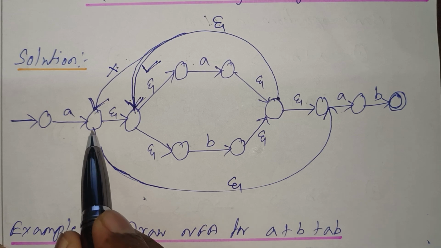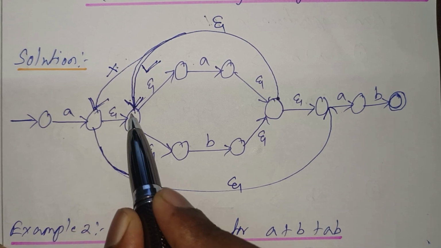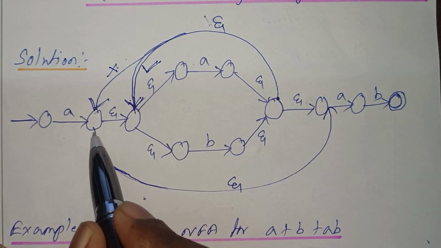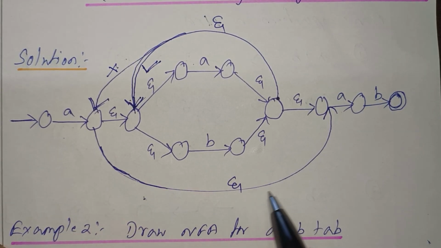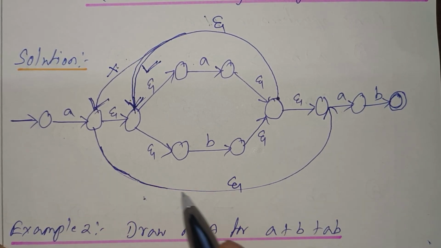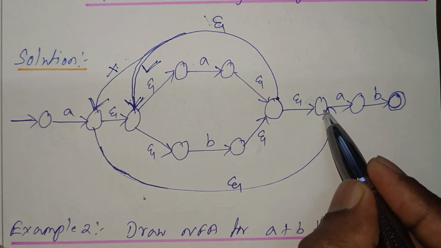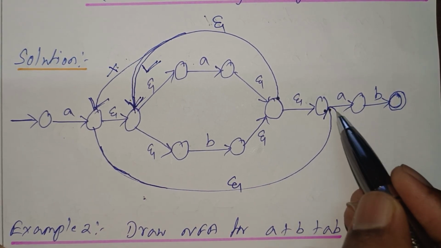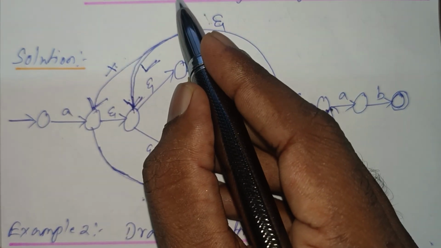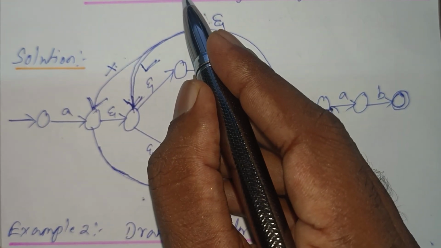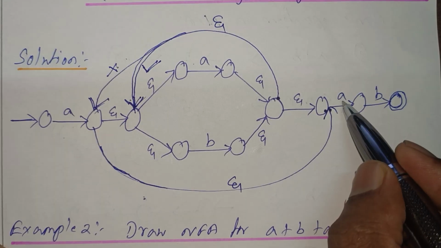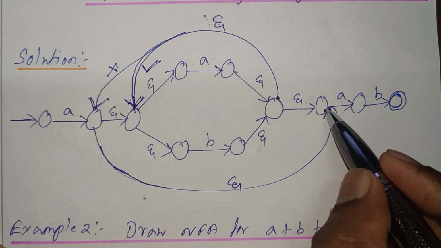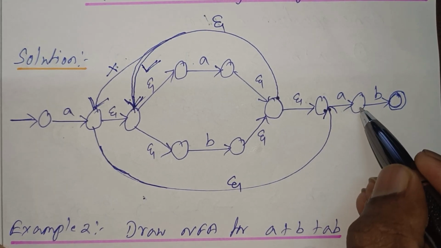Now I am using this particular state without accessing a+b the whole star. If I want to move to another state, this is the representation, I can end up here. So I am using epsilon to end up over here. After this, we have the concatenation process, that is a and b. Now I am using the symbol a, an input symbol which passes from one state to another state.